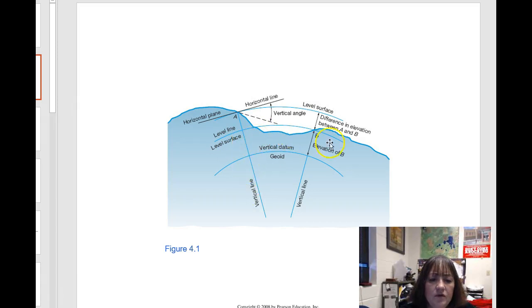So if you were to create a level surface on the Earth, you would actually have something that was very close to being a sphere, or in theory it would actually be a sphere. Now, when we talk about a vertical datum and the geoid, a geoid is the mathematical representation of the oblate spheroid of the Earth.